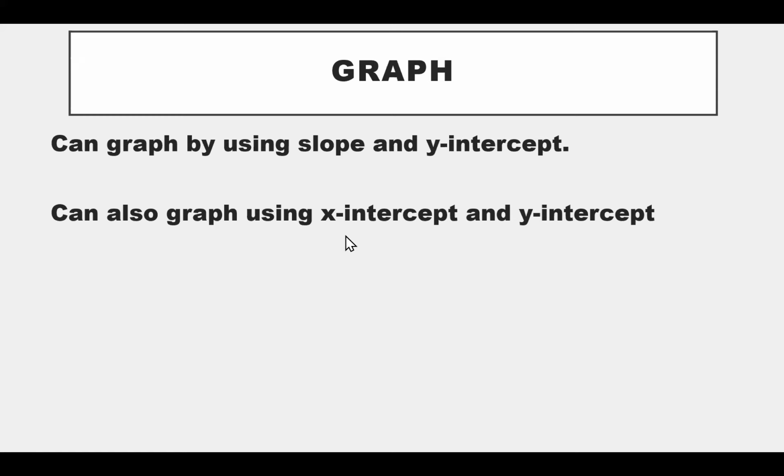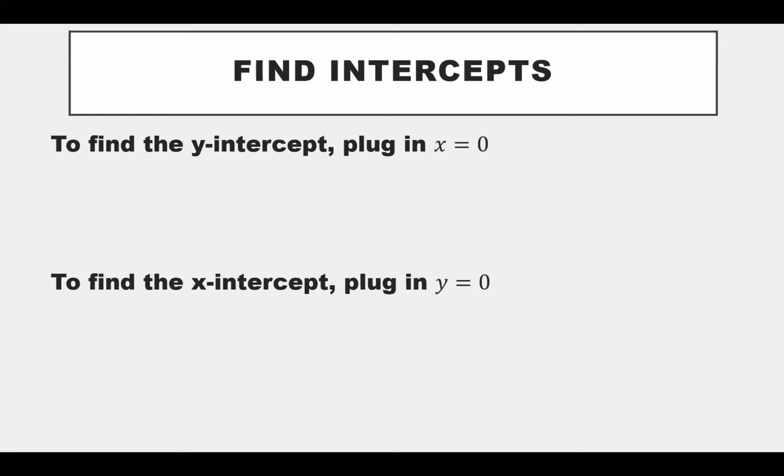And let's go ahead and look at how would I find the x-intercept? How would I find the y-intercept? Well, every y-intercept has the form (0, y). So to find the y-intercept, all we need to do is plug in a 0 for x and then find the corresponding y value.